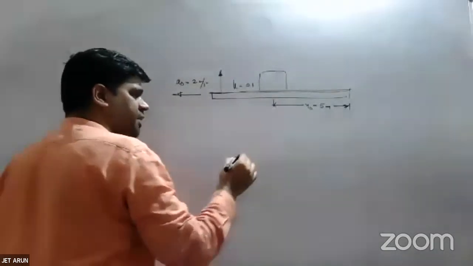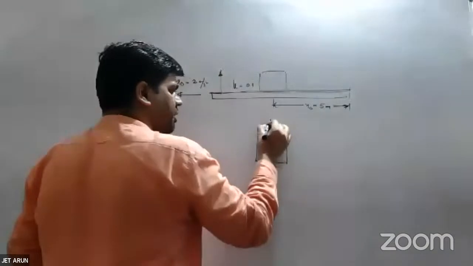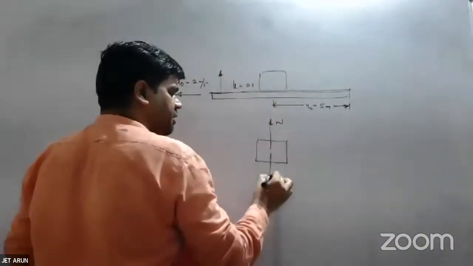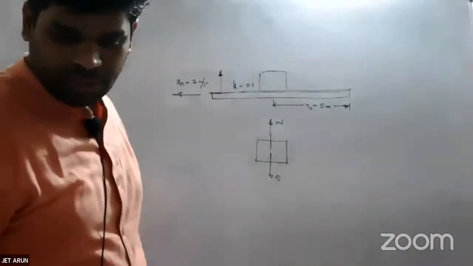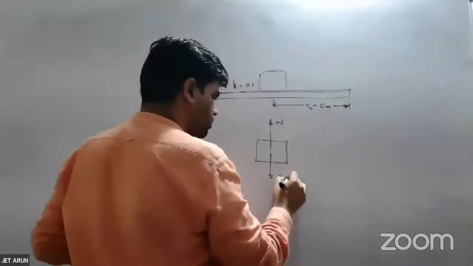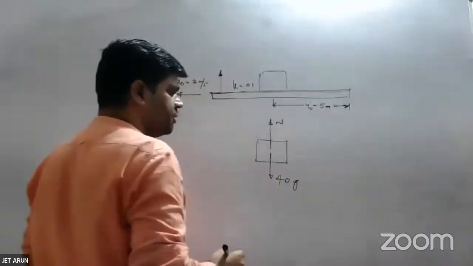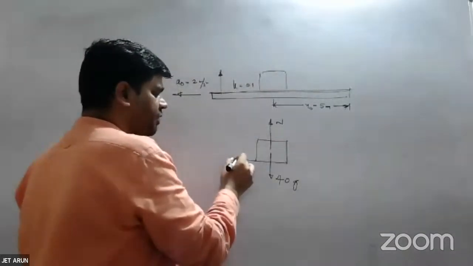So with respect to that reference frame, I've got normal reaction, a real force which is existing, and a downward force. How much is the mass of the block? 40 kg. So the downward force is 40 g, which is mg. Friction is towards left. Why is it towards left?